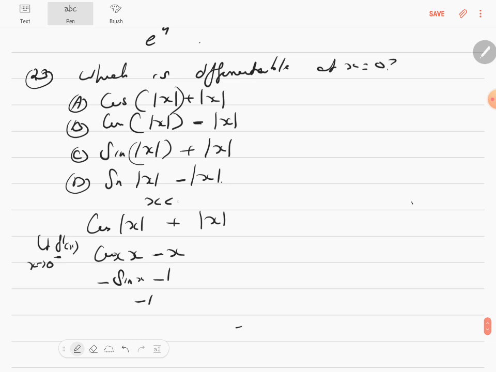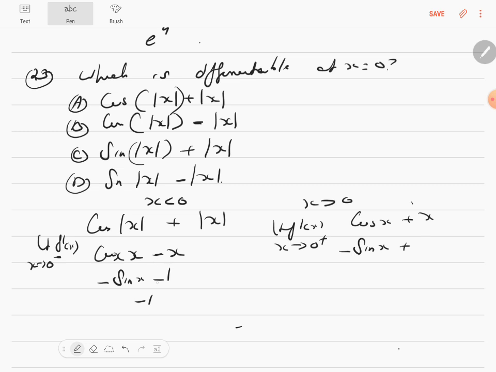So that's the left hand limit. Let's do it for x greater than 0. Limit of f dash of x for x tending to 0. What happens to the function when x is greater than 0? It will be cos x plus x, and the cos x itself differentiates to minus sine x. Here x tends to 0.